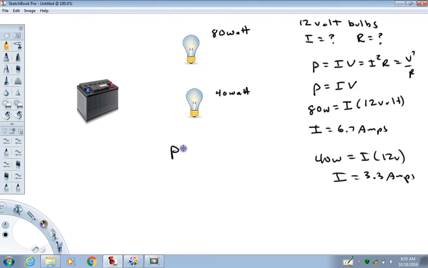Power is equal to current squared times resistance. So for the 80-watt bulb, we have 80 watts equals, and now we know the current that bulb is going to draw, 6.7 amps squared times R. So the resistance of this bulb we would get by taking 80 and dividing by 6.7 squared. And I get about 1.78 ohms.